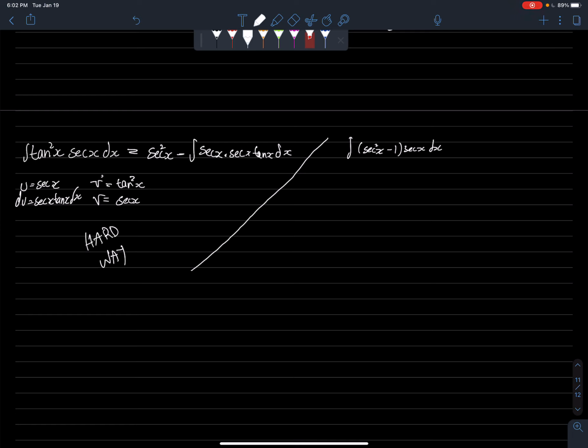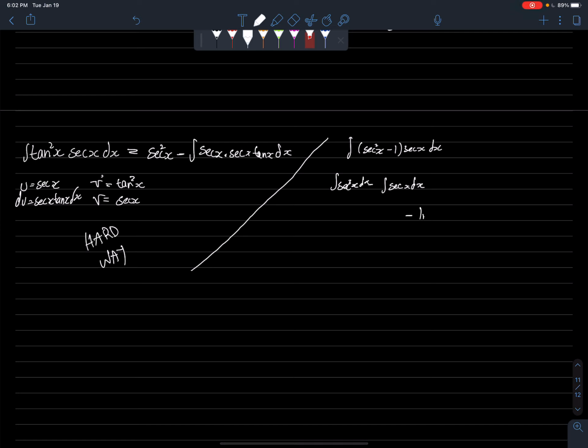But this way, again, you can break it up again. So secant cubed x dx minus the integral of secant x dx. And secant cubed x is also a very popular integral.